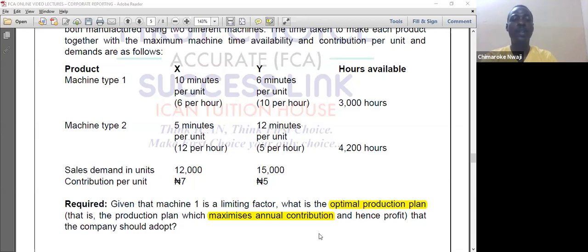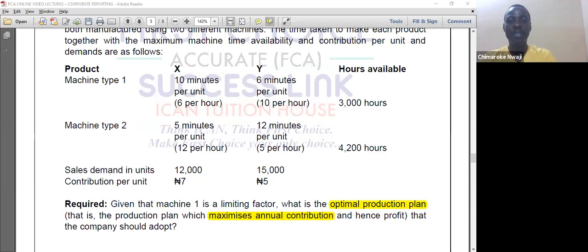And we'll ask ourselves, since machine 1 is the limiting factor, how many machine 1 hours are being used when we make 15,000 units? So look at it here. We have 6 minutes in 1 unit.